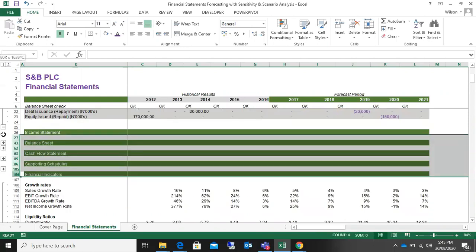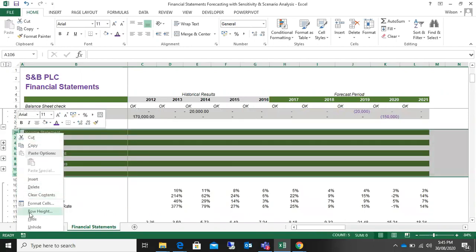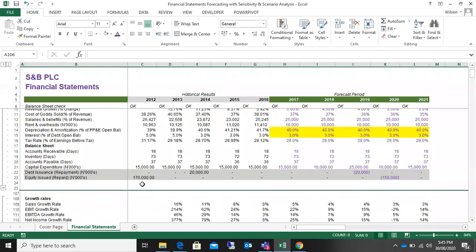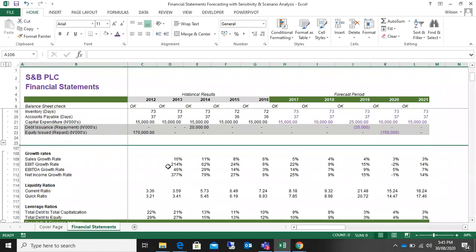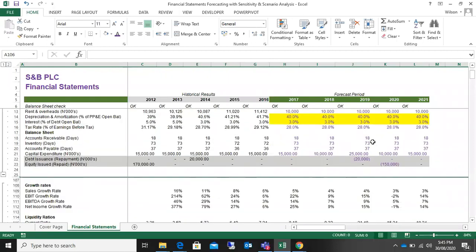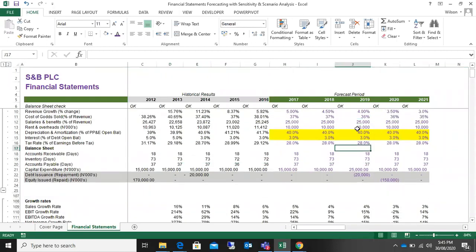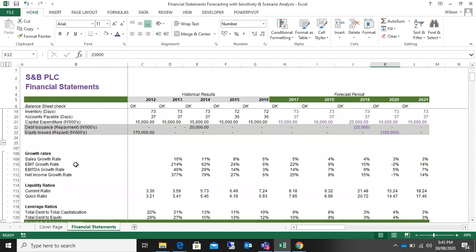I can even go as far as coming here and hiding. What I want is to see the immediate impact of these assumptions in the forecast period on the financial indicators only. Because as I change all this, I immediately see whatever impact it will have on the financial indicators.